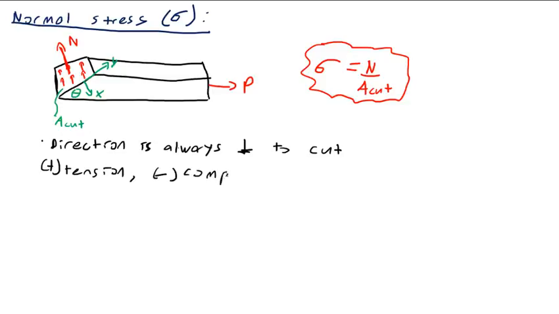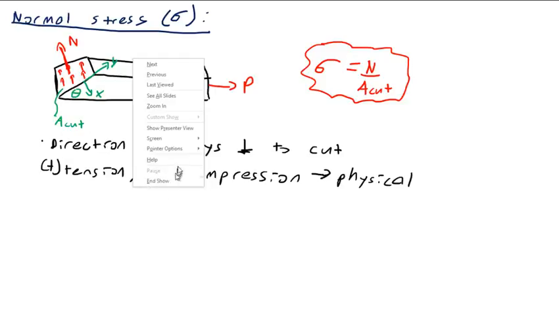In other words, a physical property determines whether it's positive or negative. We're saying tension is positive. Anytime you have tension, you have positive normal stress.